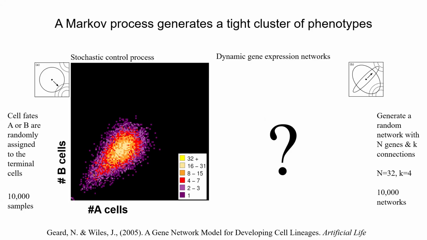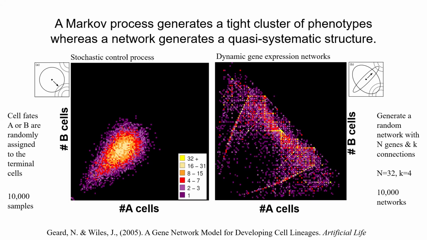And something quite remarkable happened where when you have these dynamic gene expression networks, you get something that doesn't look anything like the Gaussian structures you would see if you have a stochastic control process.